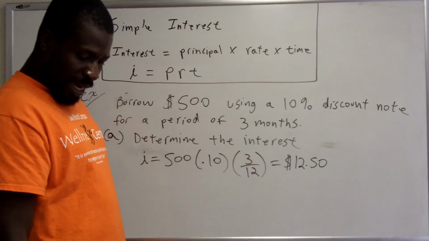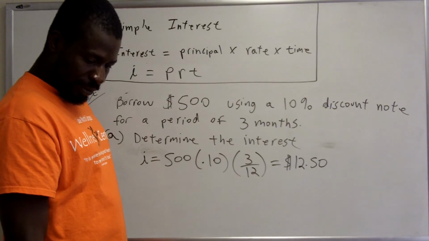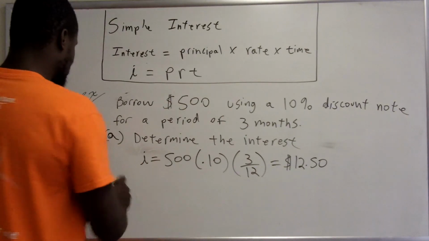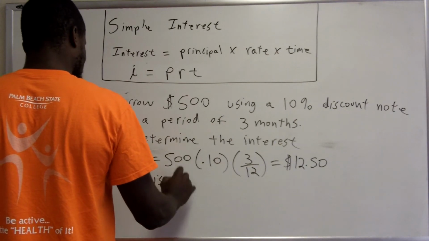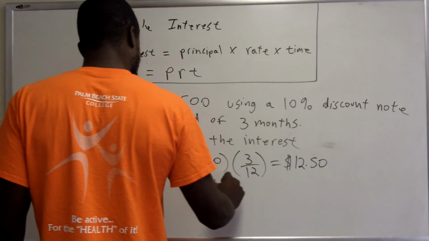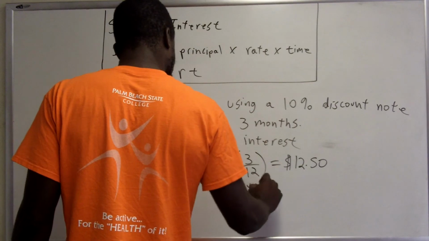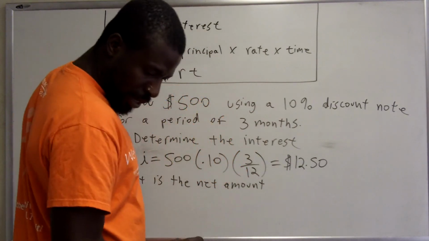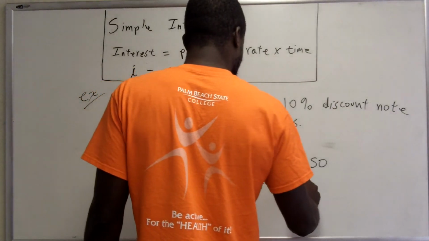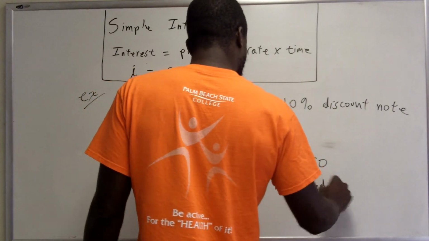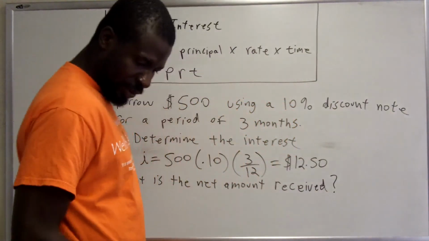So the net amount that you actually receive, part B, what is the net amount received?